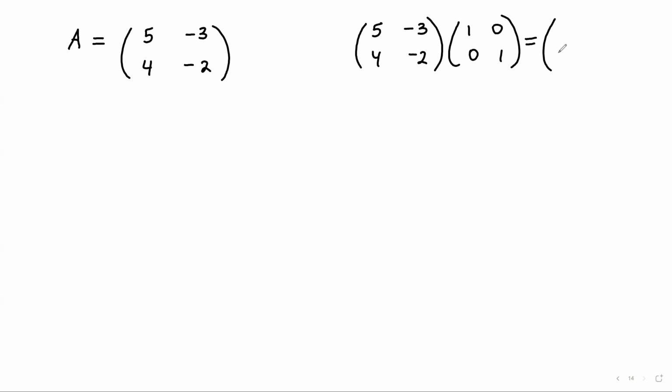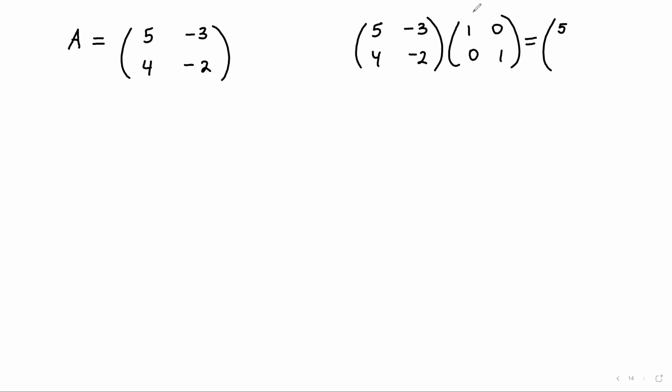That would give me, I don't know if you'll remember, matrix multiplication, row times column. So row 1 times column 1 would be 5 times 1, which is 5, plus -3 times 0. So that would just give me 5.